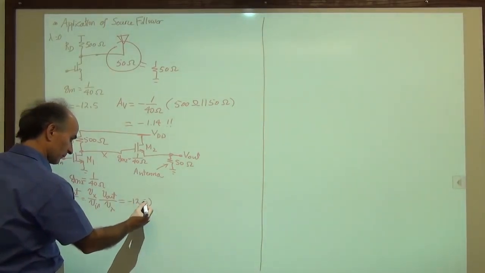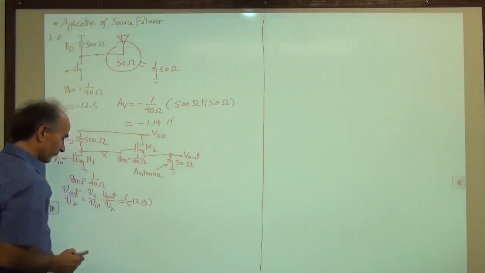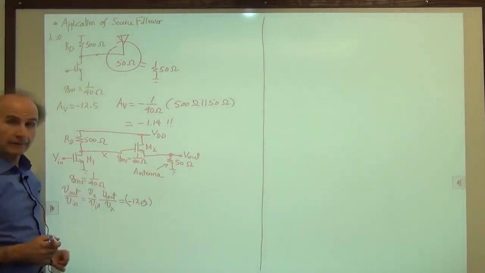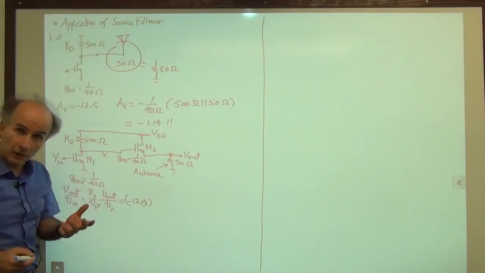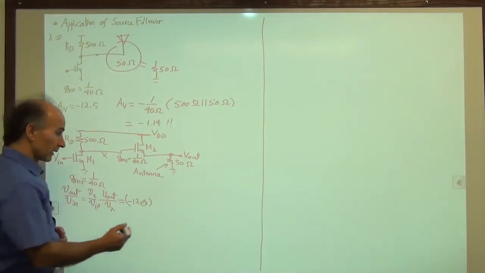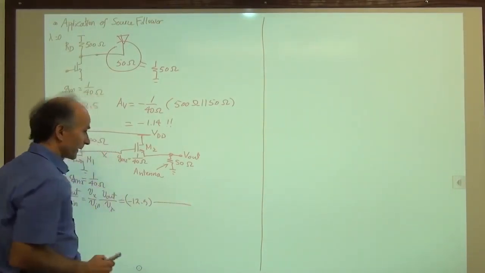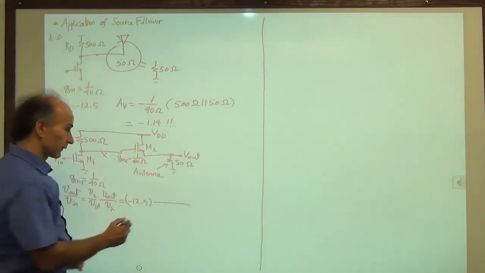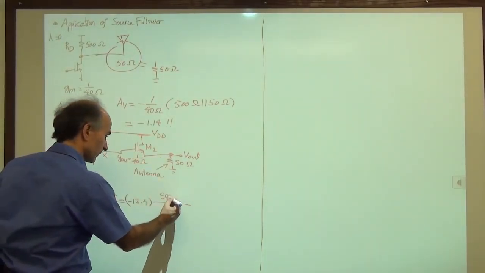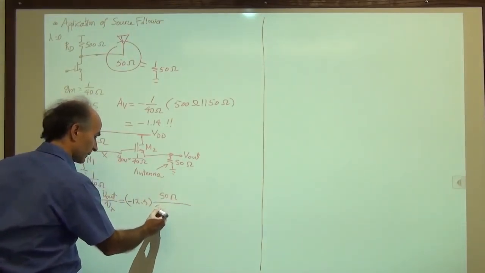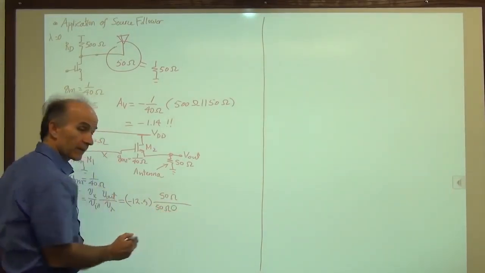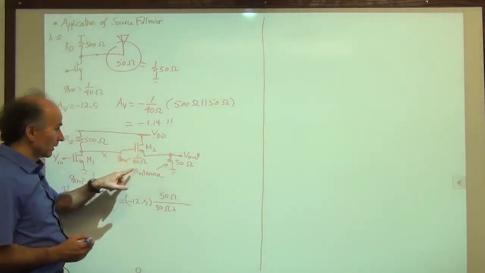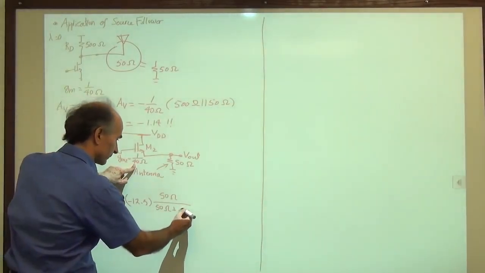That's good. Then that's multiplied by the gain from here to here. That's the gain of a source follower. And we know how to do that. The gain of a source follower is given by the total resistance tied between the source and AC ground, 50 ohms, divided by that resistance plus 1 over gm of that transistor, so 40 ohms.